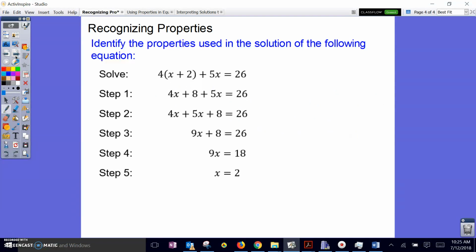Okay, we start with the equation 4 times the quantity x plus 2 plus 5x equals 26. So the first thing we did here as we go from the original problem to step 1, if you take a look and you study what happened here, we got rid of the parentheses by multiplying the 4 through the parentheses. What property is that? That's the distributive property.